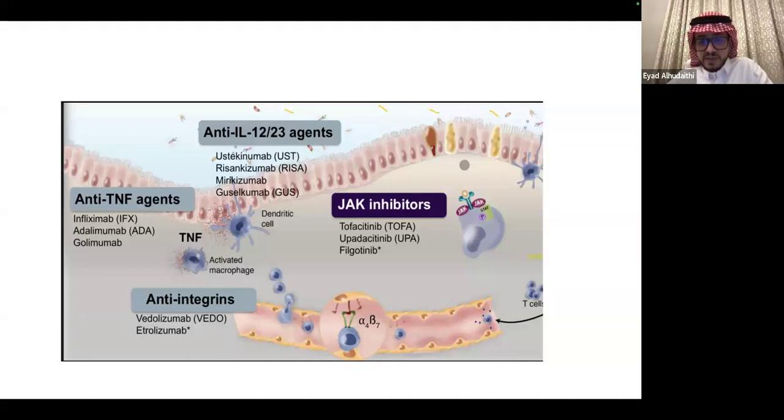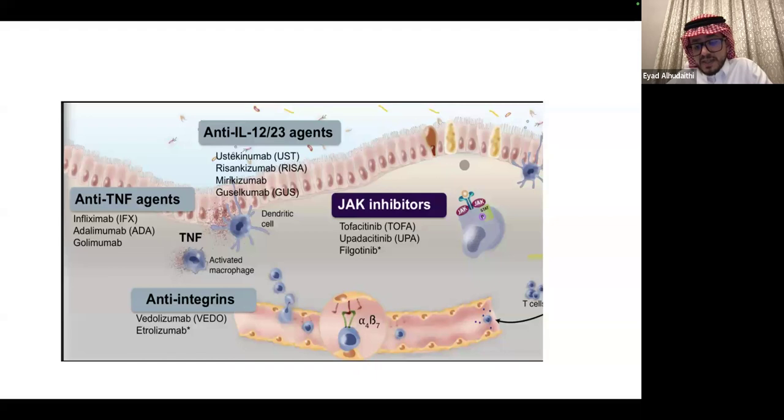And we have the new JAK inhibitors like tofacitinib and upadacitinib, and they will really shift how we see biologic medication in terms of how we take the medication. It's oral, so the adherence will be better.